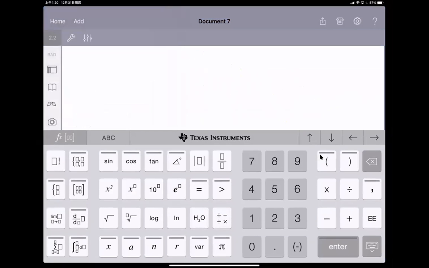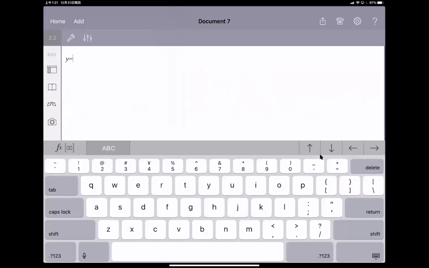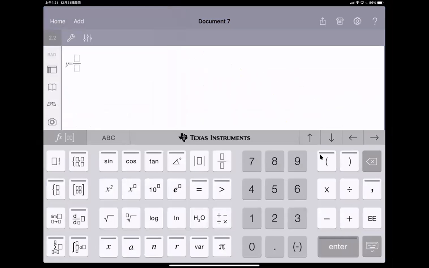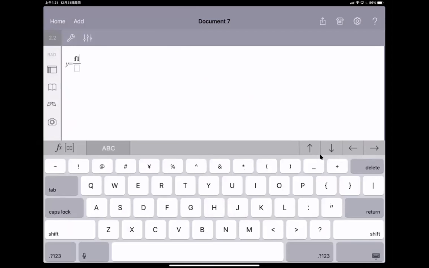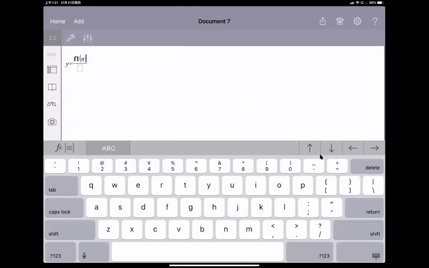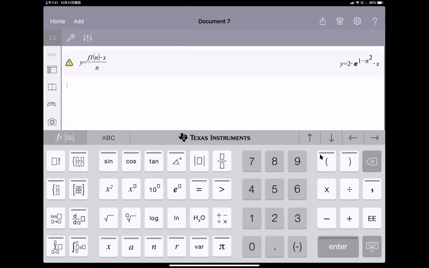For example, y equals fraction f1 of n times x divided by n. This is your first equation, right?